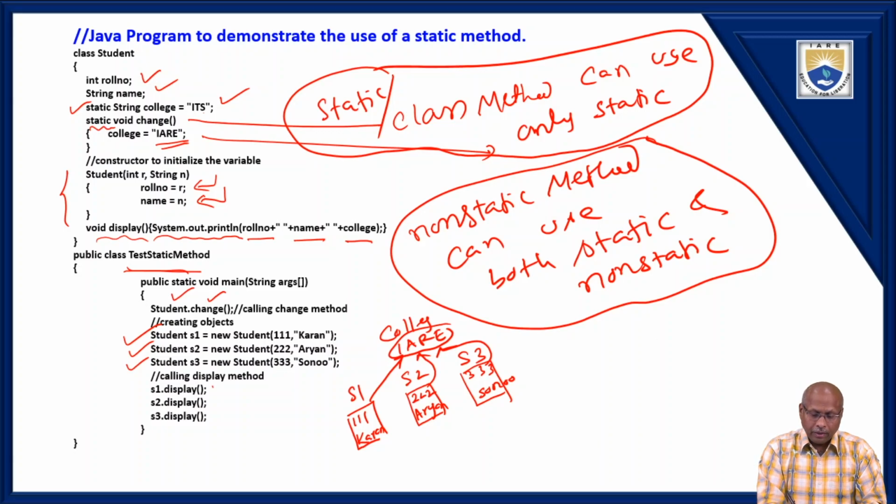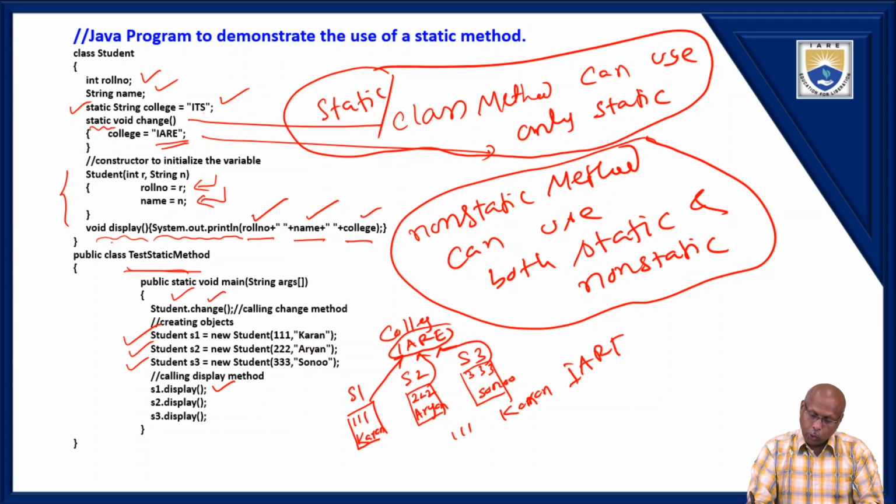Now when I call S1.display, what will it display? It will display roll number, name and college, because in the display method I am writing the name part, roll number part and college part. So 111, Karan, and IARE. This is the output from S1.display.